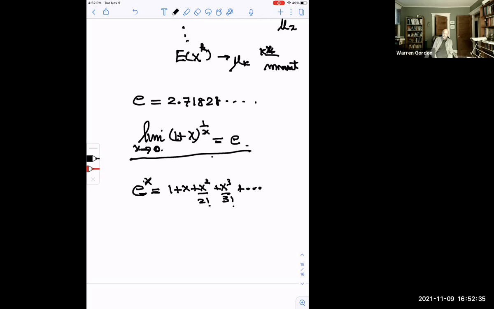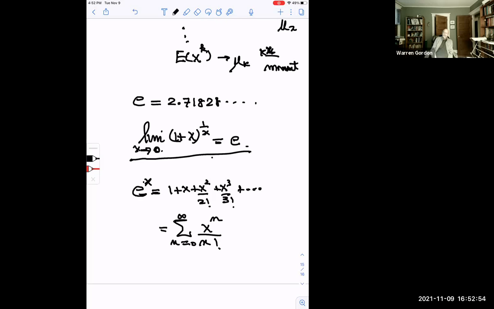And this converges for all values of x. Sometimes we write this more succinctly as a summation. This is an important number. We've seen it in calculus a lot. It's the base of the natural logarithms.